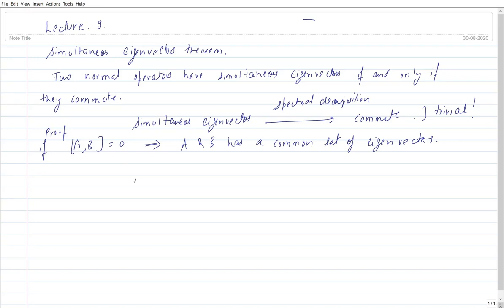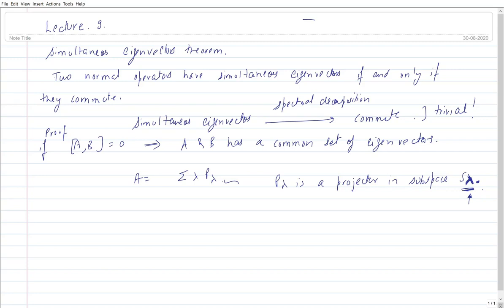So what I do is I start with the spectral decomposition of A, where P lambda is the projector onto the subspace S lambda. These subspaces are labeled by the degenerate eigenvalues lambda. So that's my spectral decomposition.